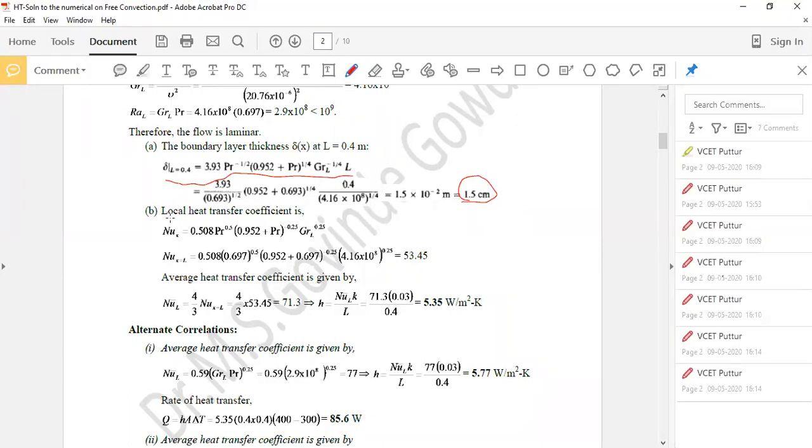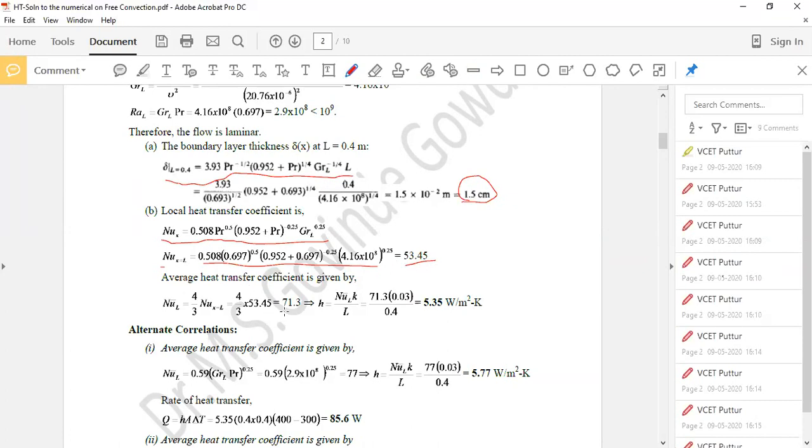So now local heat transfer coefficient you have to calculate. Hence we have to get local Nusselt number. So for local Nusselt number, for constant wall temperature case, you have this equation, and once you substitute all these values here, you'll get 53.45 local Nusselt number at x is equal to L.